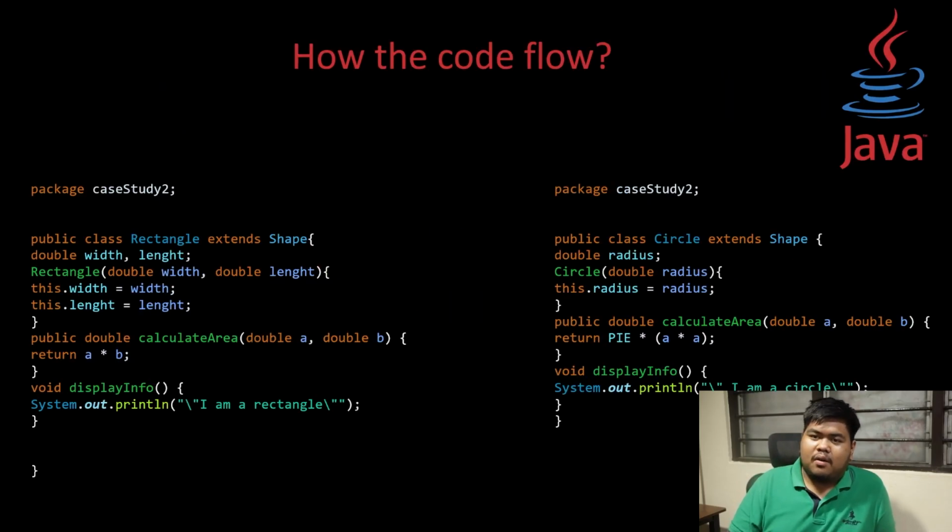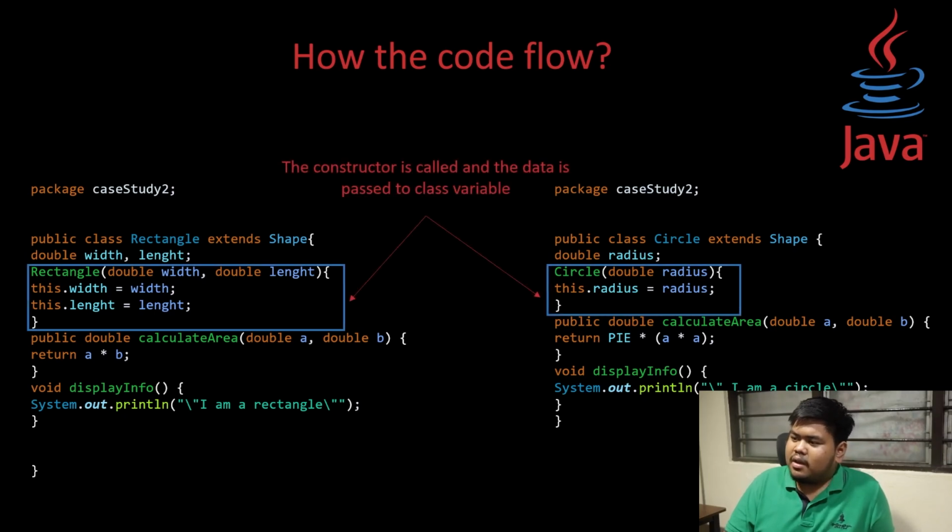So see the code flow again. Right here we see the constructor is called and the data is passed to the class variable. You see that here is the constructor for both classes, and the constructor for rectangle will accept double width and double length, meanwhile circle will accept double radius.